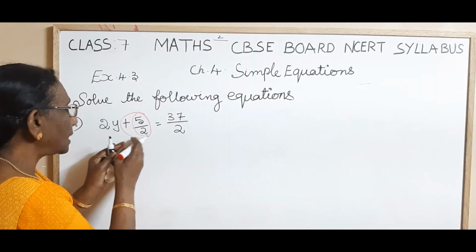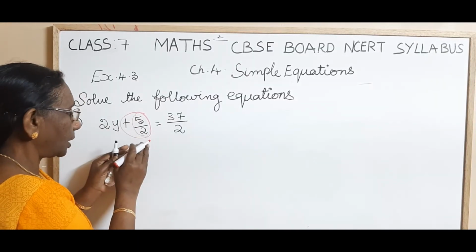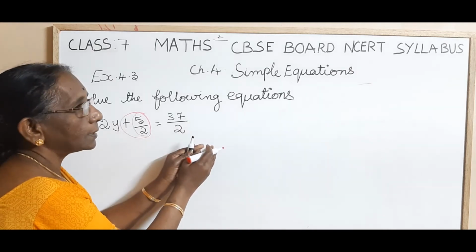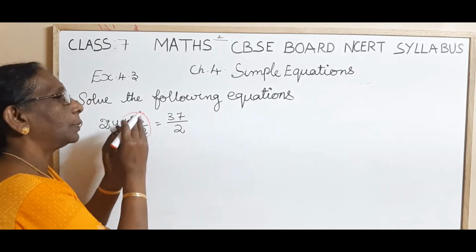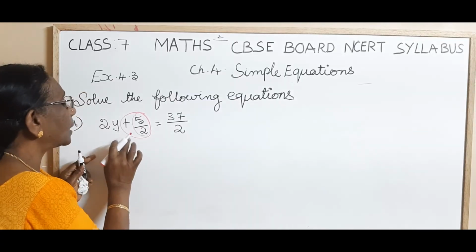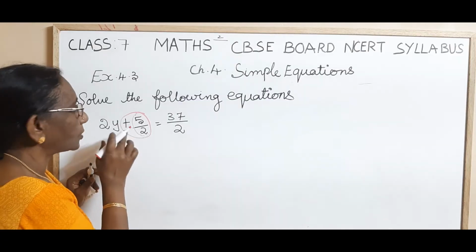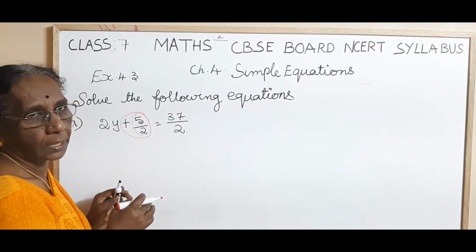You are transposing this plus 5 by 2 to the right hand side. This plus 5 by 2 will become minus 5 by 2. How? Because we have to apply the inverse operation. The inverse operation of addition is subtraction.